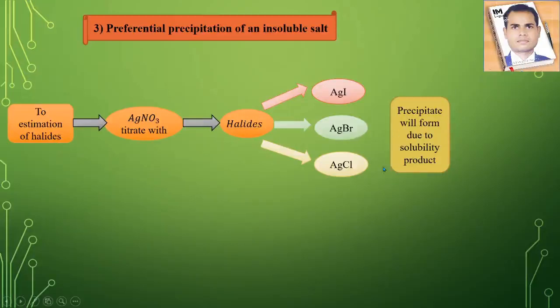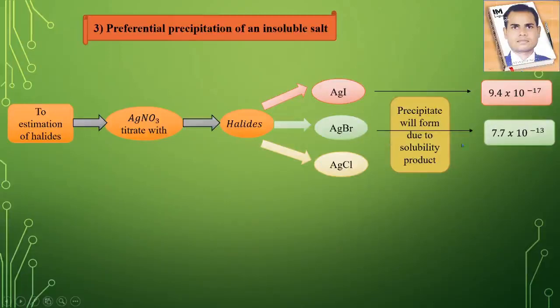The solubility product values of the silver halides are: for AgI, 9.4 into 10 raised to minus 17; for AgBr, 7.7 into 10 raised to minus 30; and for AgCl, 1.56 into 10 raised to minus 10. These are the solubility product values of silver halides.